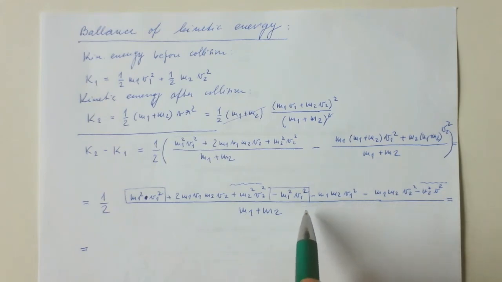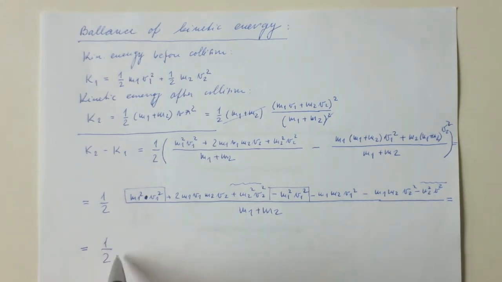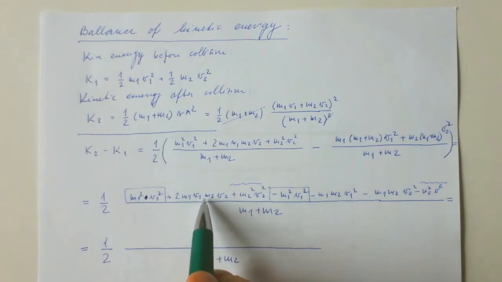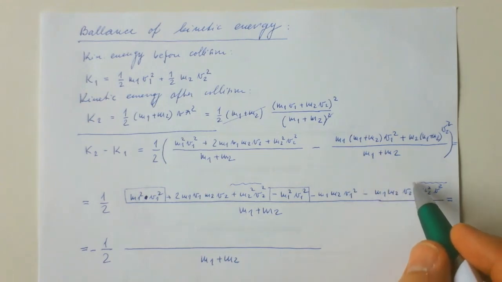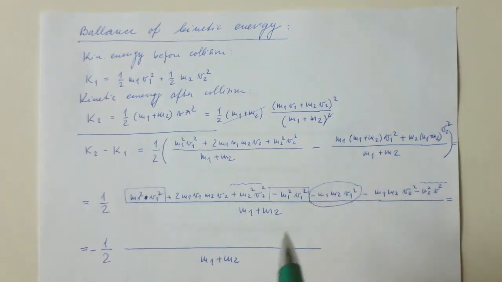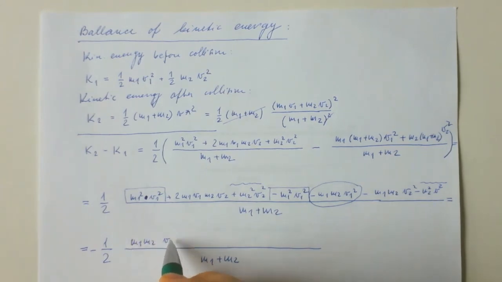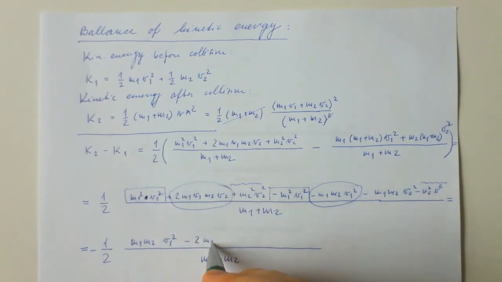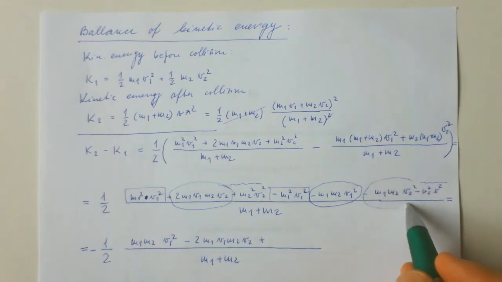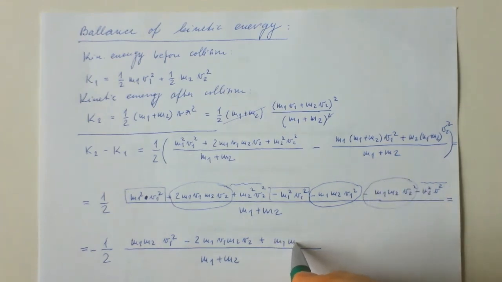What remains, I can put out the minus sign, is m1 m2 v1 square minus 2 m1 v1 m2 v2 plus m1 m2 v2 square.